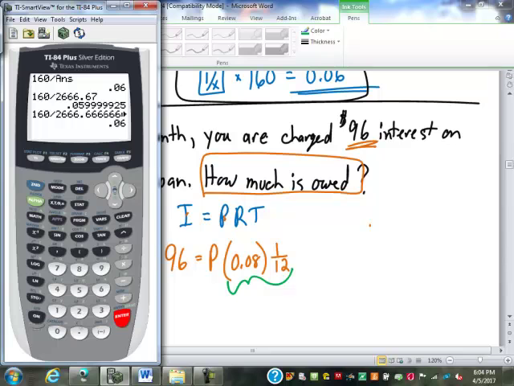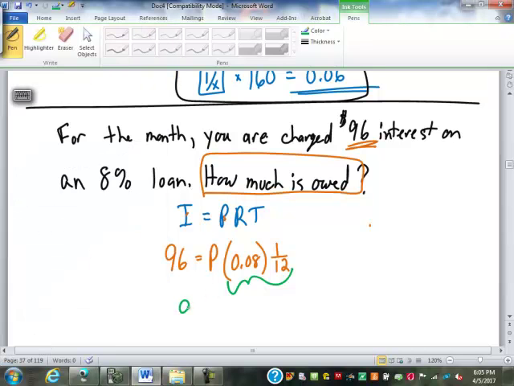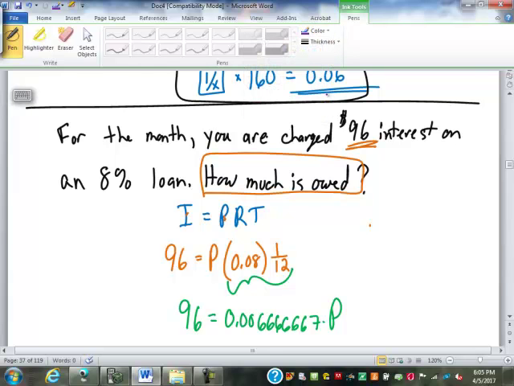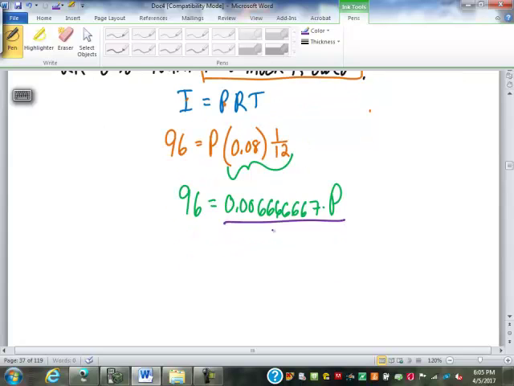So now here's another example where we need to combine these two numbers. 0.08 times 1/12 is going to give us 0.0066666666666667. So 96 equals 0.0066666667 times P. Now we're going to go through that same process to solve for P. We have to divide by this.